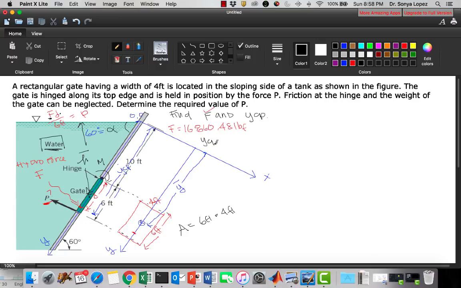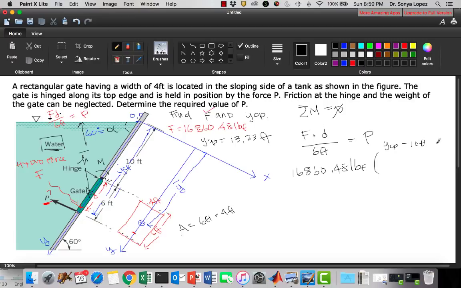Okay, so YCP is 13.23 feet. So we go back to our balance, right? Our sum of moments is 0. We found that F multiplied by D divided by 6 feet will give us P. So F is 16,860.48 pound force multiplied by the distance, where that distance D is equal to your YCP minus 10 feet, right?